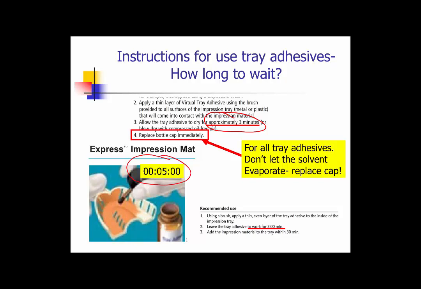For others, it may say leave it on to work for 3 minutes. They don't say anything about blowing it dry. And in fact, replacing the bottle cap is key because for all these tray adhesives, you don't want to let the solvent evaporate. Because as the solvent evaporates, the adhesive gets thicker, it's not going to work as well. So know these instructions, how long to wait to make sure you cap them off.